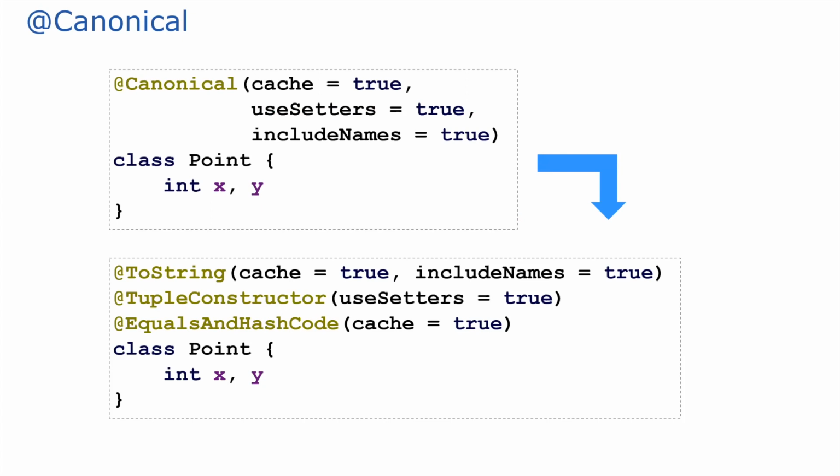So you can see cache equals true has been spread over to the toString and the equals and hashCode. That would be appropriate if I've got a class where I'm not changing my X and Y points if they're part of the hash code. So I'd cache it, which would mean I'm treating this as an immutable class here.